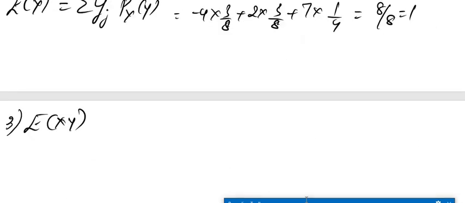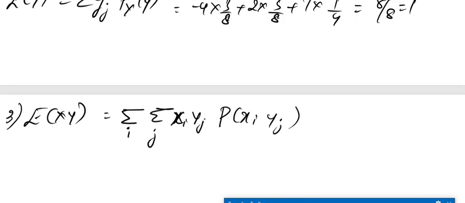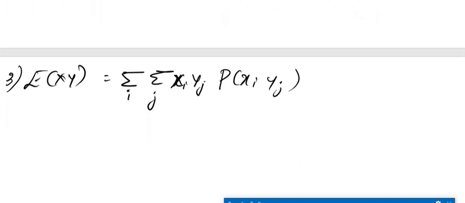Next comes the expectation of both x and y. So when it is both, you will have two summations and xi yj, you can use small xi, yj. Similarly, p of xi yj will be considered. So what you have to do, check the table of x, y, pxi, py, and you have to carefully multiply it.